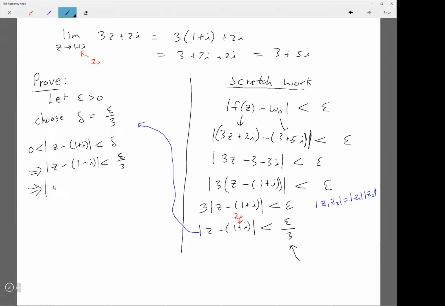Maybe you can skip a few steps here and there. Should be a plus. I put the 3 over and put it inside, and then that implies this one, and that implies this one.